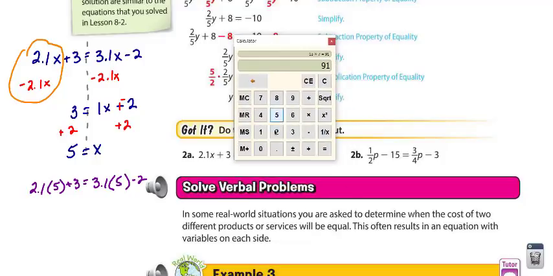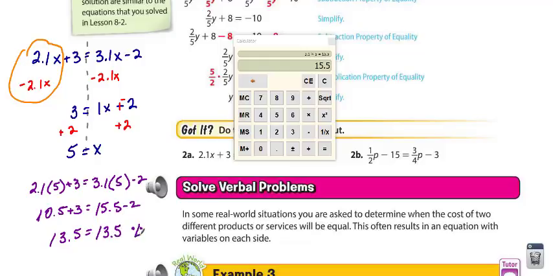I'm going to rely on a calculator. 2.1 times 5 equals 10.5, plus 3 equals 13.5. 3.1 times 5 equals 15.5, minus 2 is 13.5, and I can feel like I did that correctly.